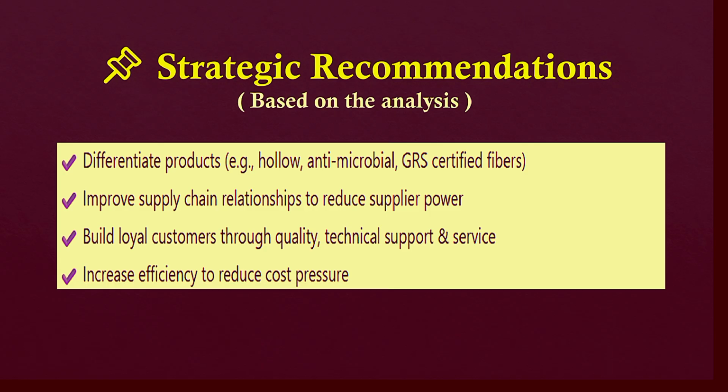Third, build loyal customers through quality, technical support, and services. The last recommendation is to increase efficiency to reduce cost pressure, which ultimately improves the efficiency of the business process.